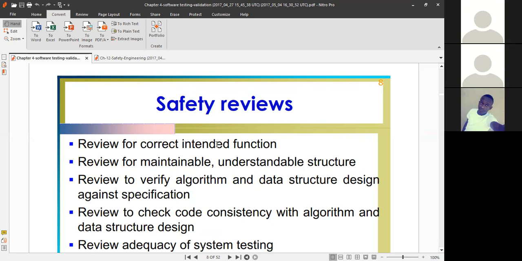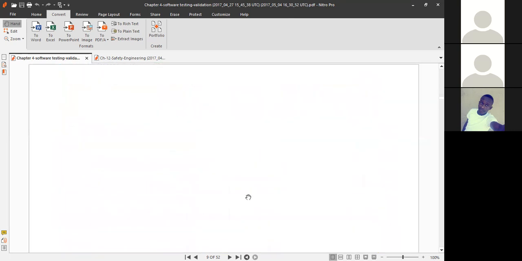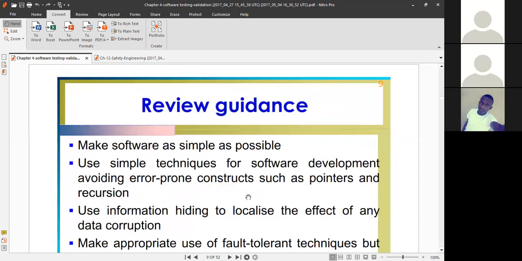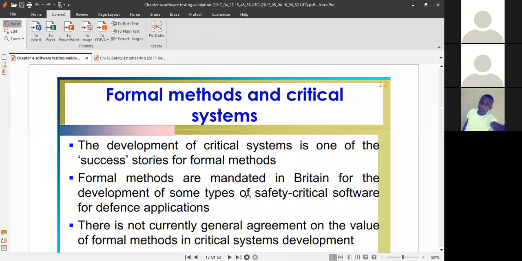Safety assurance activities that are incorporated into software processes may include the following, the ones which I've mentioned: hazard logging and monitoring or hazard analysis, safety reviews, safety certification, hazard-driven analysis, and the system safety case.